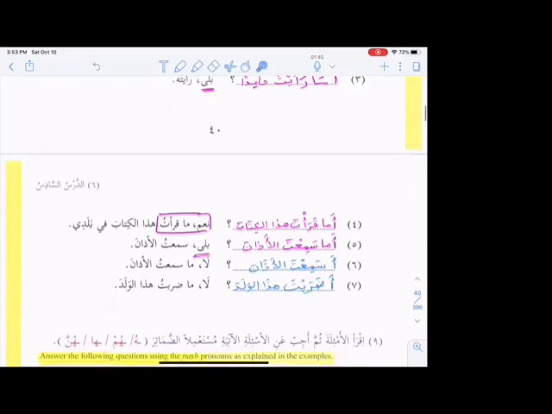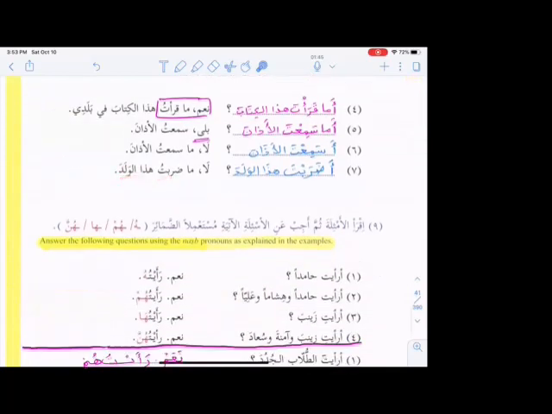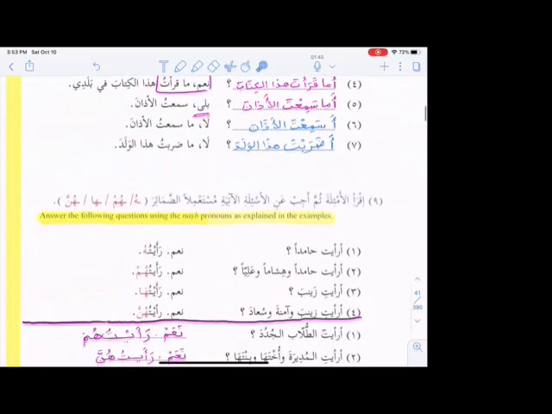Now here, straightforward. Adarabta hadal walada? La, ma darabtu hadal walada. Inshallah, fine. Nam, see here, mafulun bihi are coming with different pronouns. Araita hamidan, naam, raituhu.